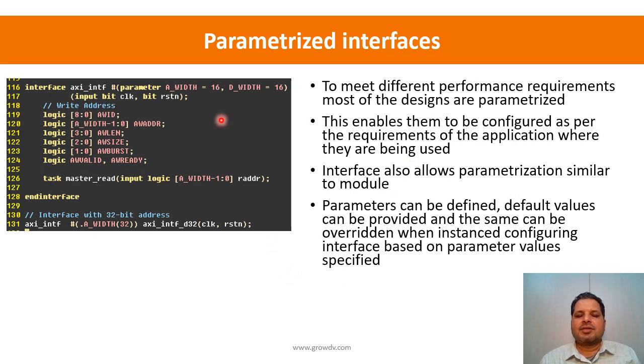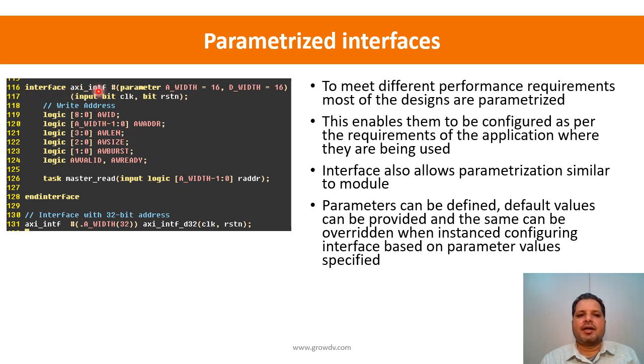So what happens in the design, right? We have different performance requirements, and they need to fit into different environment use cases. In order to do that, generally the module interfaces are parameterized: the number of address bits, data bits. They all get parameterized, and the same concept can also be applied to interfaces. This works exactly like your module parameterization.